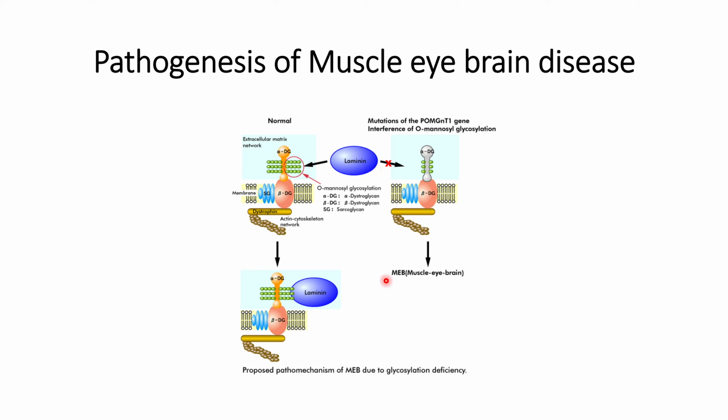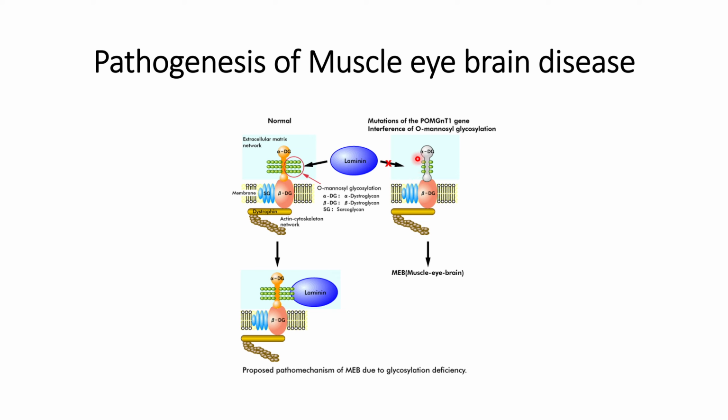So further signaling to the actin cytoskeletal network will not be introduced within the cells, and this might lead to the problem called MEB, muscle eye brain disease, as this will create problems in the normal functioning of the eye, brain, or muscles.